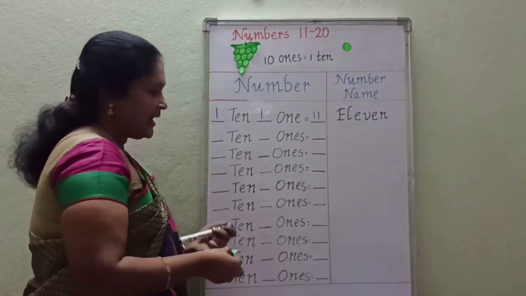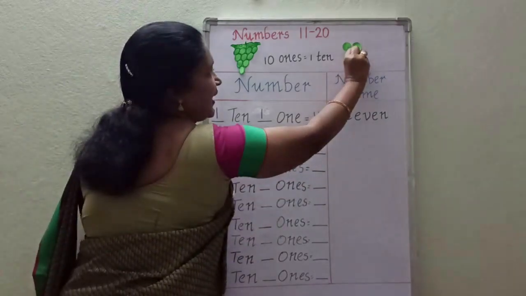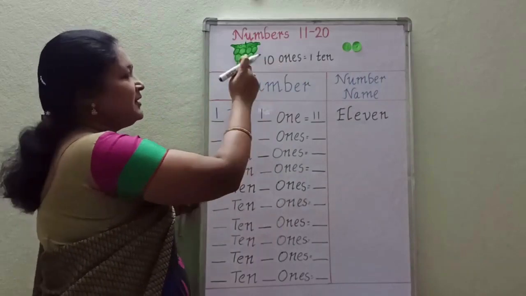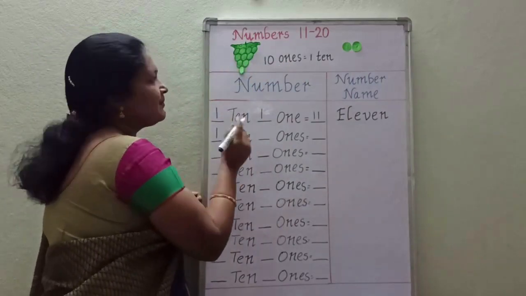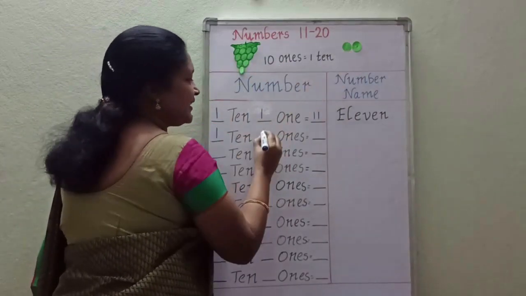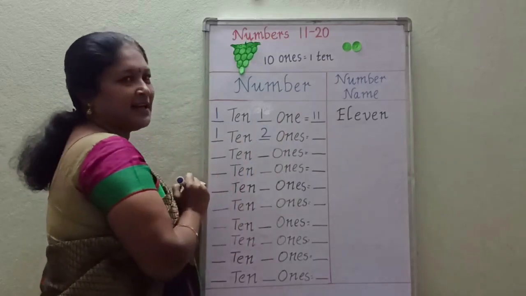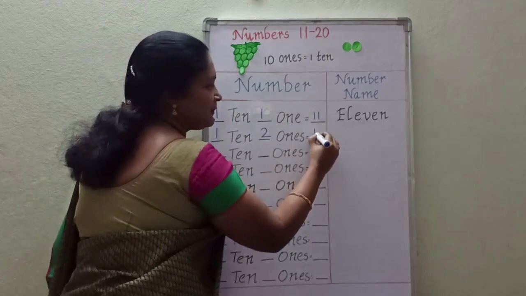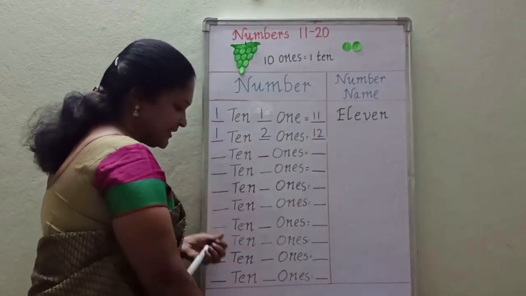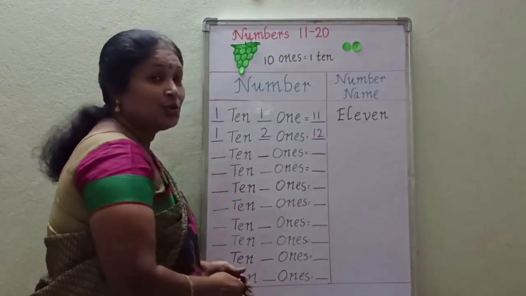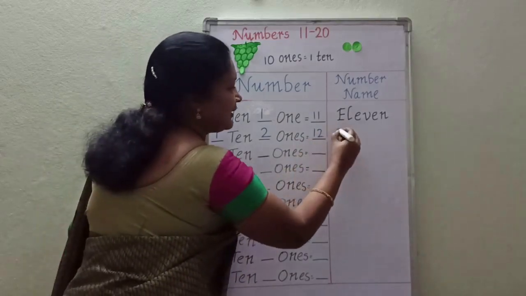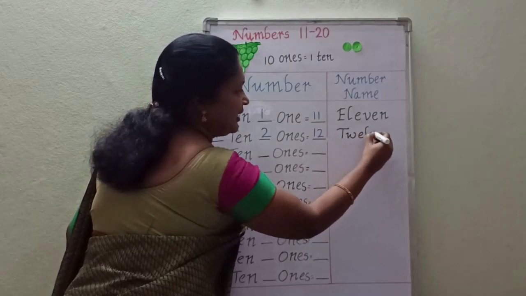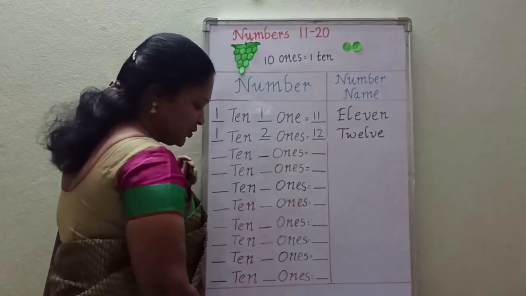That is 11 spelling. And the next one. Now I am adding one more grape here. So now how many did it become, children? 1 ten. And how many ones are there? 2 ones are there. So 10 plus 2, 12. So what is the spelling of 12, children? T W E L V E, 12.